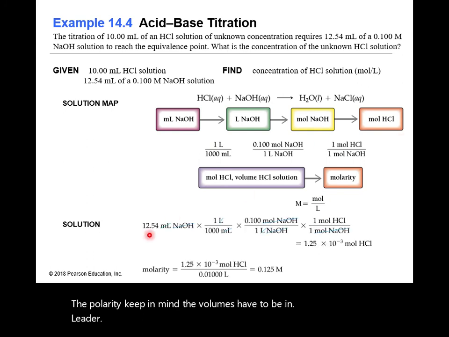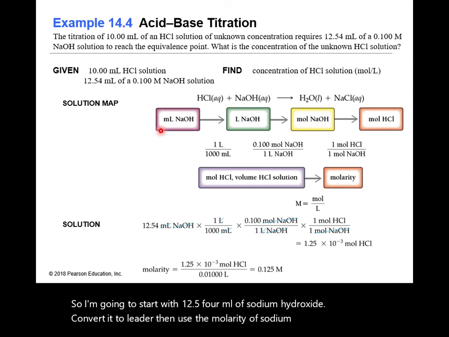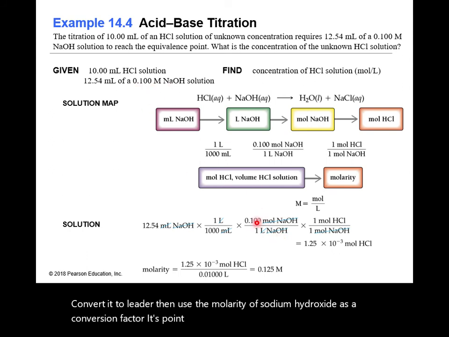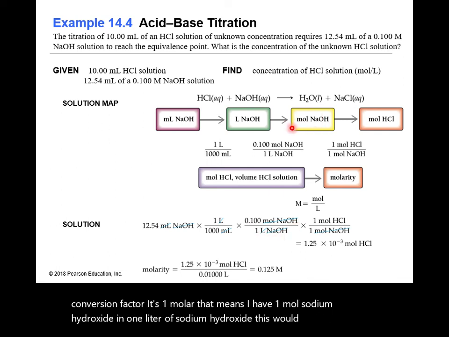So I'm going to start with 12.54 milliliter of sodium hydroxide, convert it to liter, then use the molarity of sodium hydroxide as a conversion factor. It's 0.1 molar. That means I have 0.1 mole of sodium hydroxide in 1 liter of sodium hydroxide. This would allow me to get moles of sodium hydroxide.